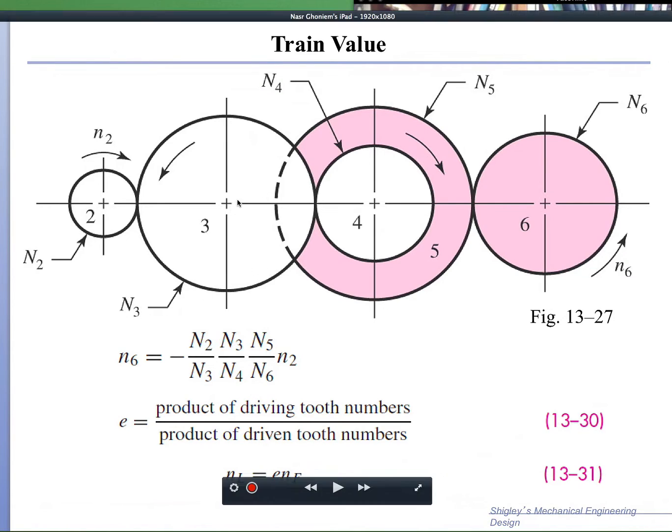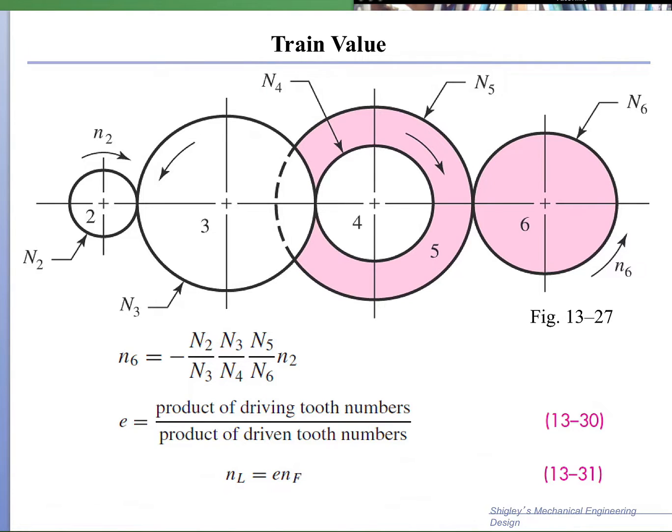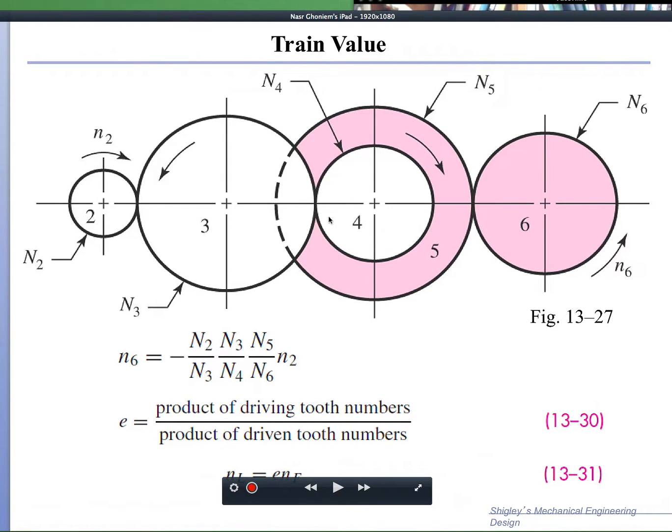And then this third gear is meshing with a fourth gear, but the fourth gear is on a common axis with a fifth gear. So the fifth gear does not mesh with the third gear.